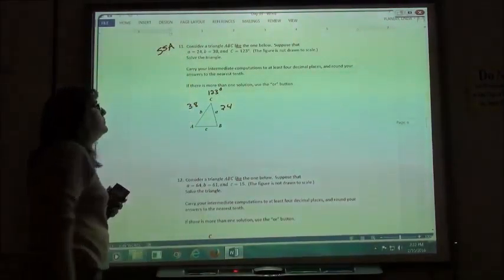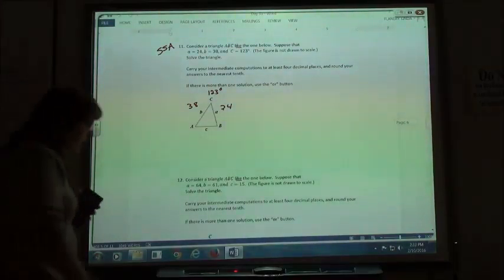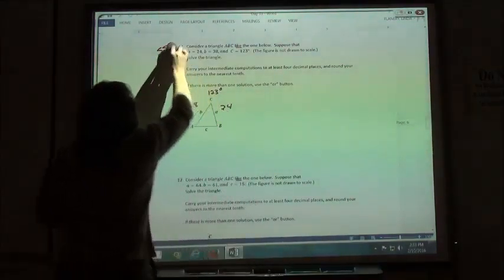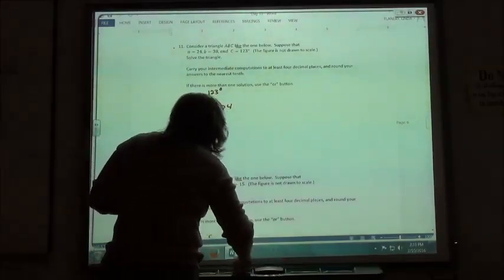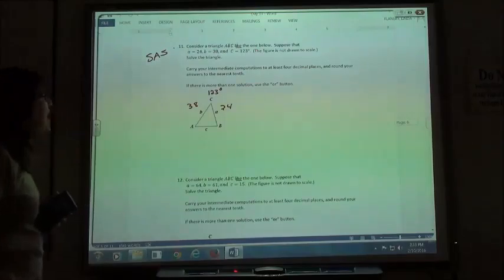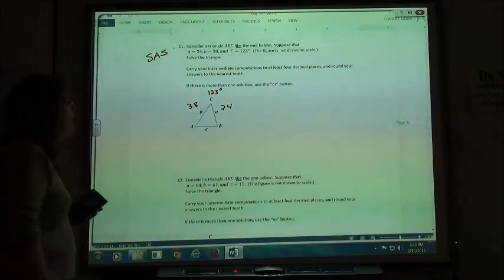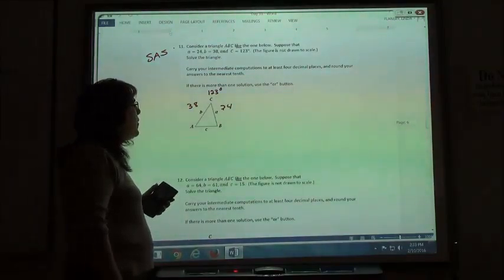Two sides and the included angle, so I should probably write it this way. Side, angle, side is probably how they have that. Side, angle, side case. Again, I'm going to use my law of cosines eventually in here, and I might even use my law of sines while I'm at it.